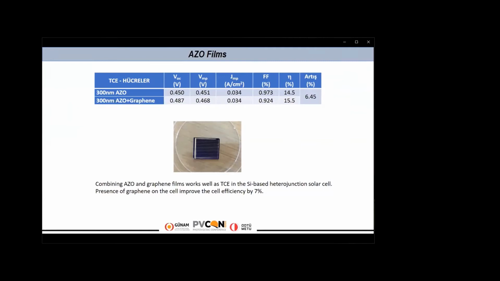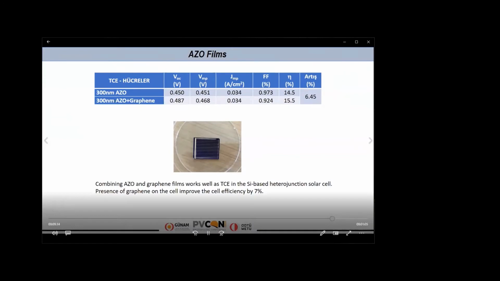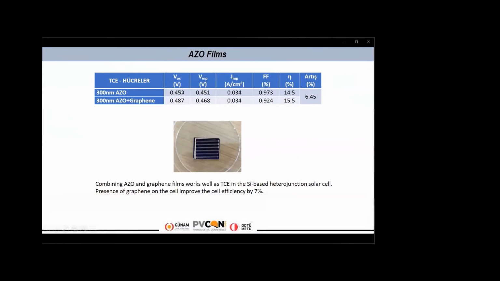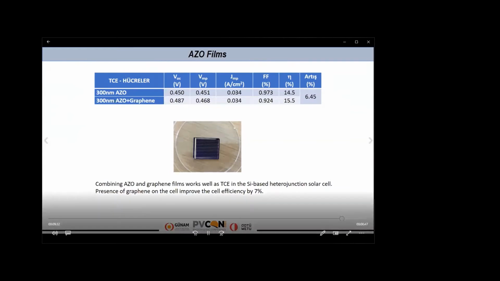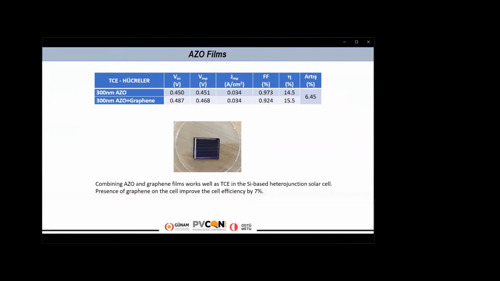This is related to graphene's high sheet resistance, because high sheet resistance can limit fill factor. However, there isn't a serious decrease in the fill factor. On the other hand, when we check VOC values, VOC was increased with the AZO graphene hybrid structure, because graphene has a higher work function than AZO. AZO work function is 4 electron volts and graphene work function is 4.6 electron volts. So we increased our solar cell efficiency.